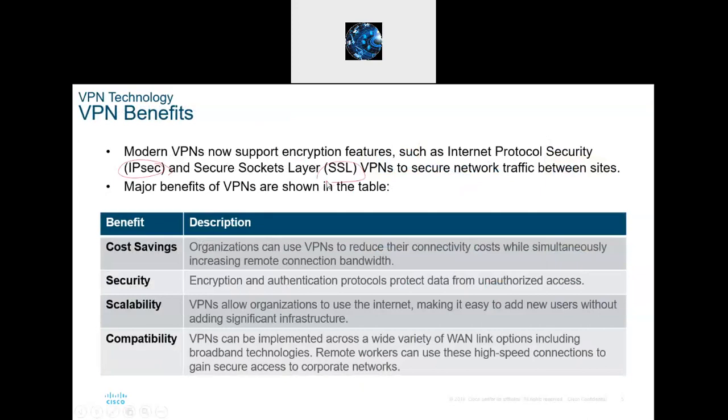So whether you encrypt your VPN with IPsec or with SSL, it's very secure. So if somebody should intercept that message on the way, they cannot read what is in your message. They can't read the message because everything is encrypted. That's the benefit of VPN in general. Let me put it that way.